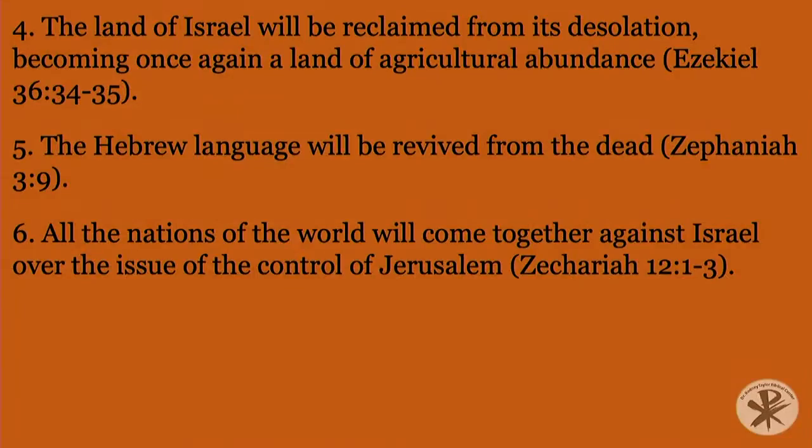The sixth prophecy is that all the nations of the world will come together against Israel over the issue of the control of Jerusalem. Now, the Israelis may occupy Jerusalem today. That prophecy is found, by the way, in Zechariah chapter 12, verses 1 through 3. But that is a prophecy that is currently occurring.